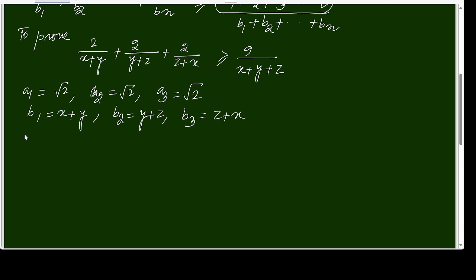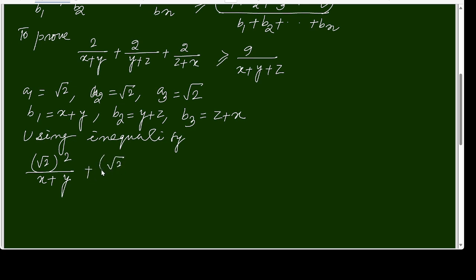Then using the inequality, root 2 square over x plus y plus root 2 square over y plus z plus root 2 square over z plus x.